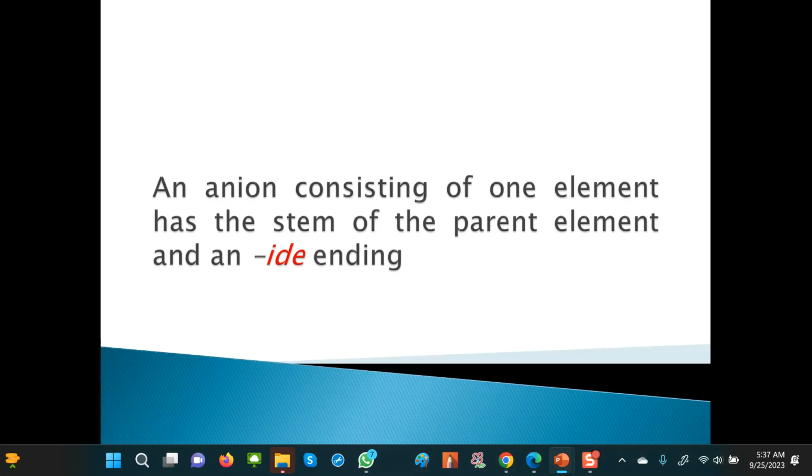In the case of anions, it's a bit different, because the rule says an anion consisting of one element has the stem of the parent element and then ends with -ide. So the name of the anion is a combination of the stem of the parent element name and the -ide ending. We're going to see a few examples of this right now.